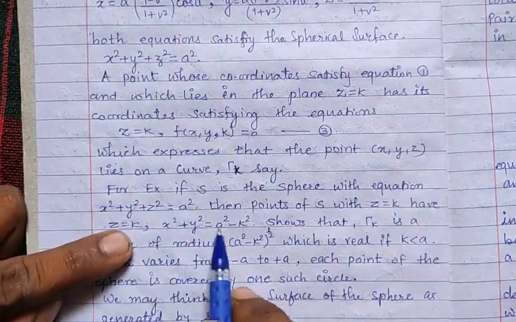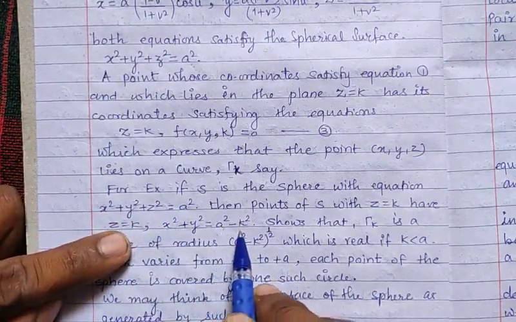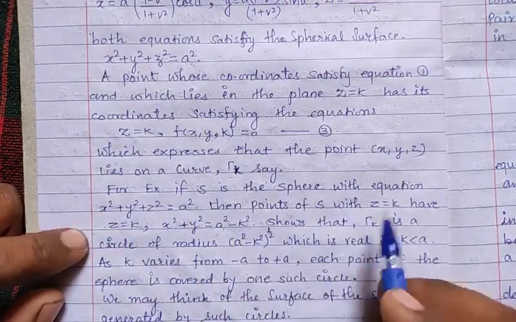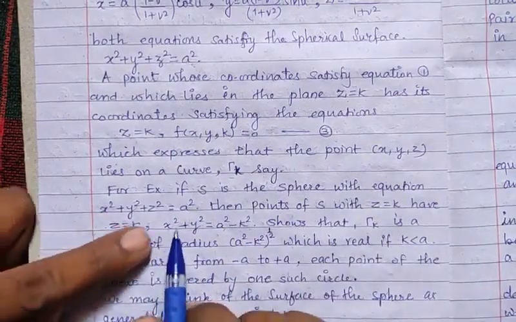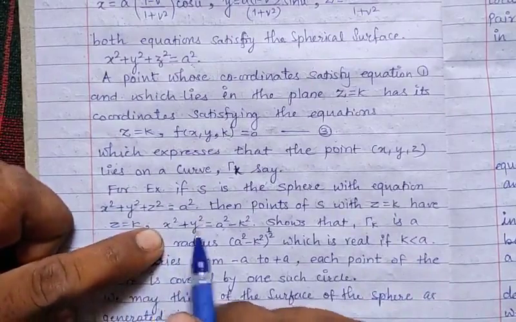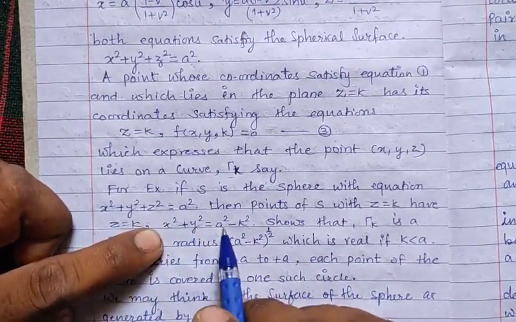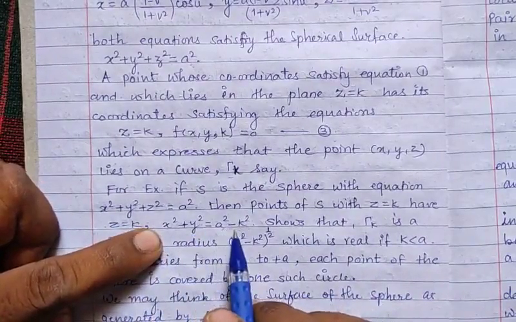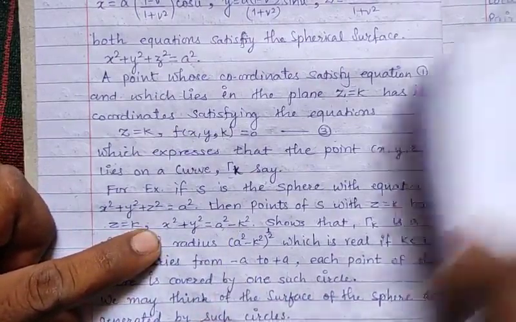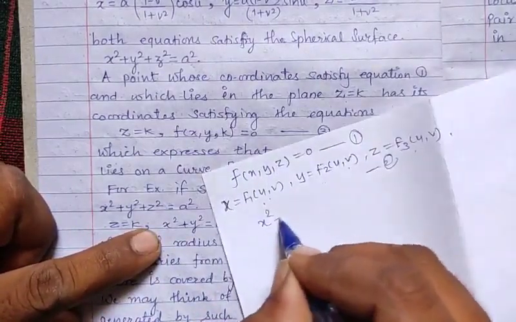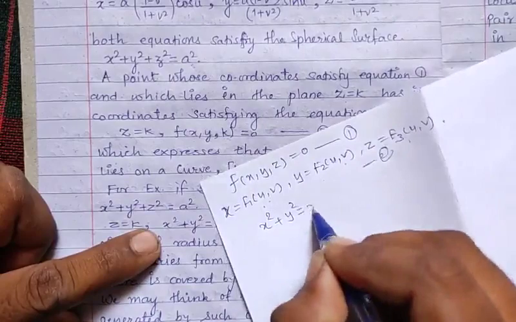So we get x square plus y square is equal to a square minus k square, which shows that gamma k is a circle, because the equation of a circle is x square plus y square is equal to r square.